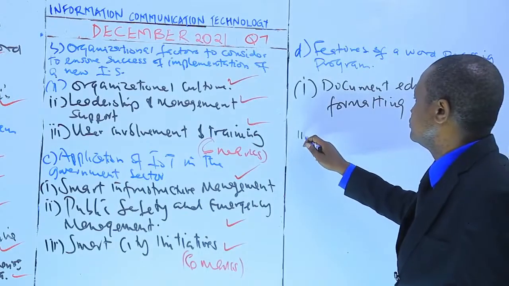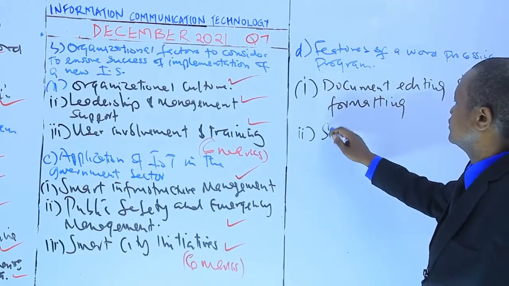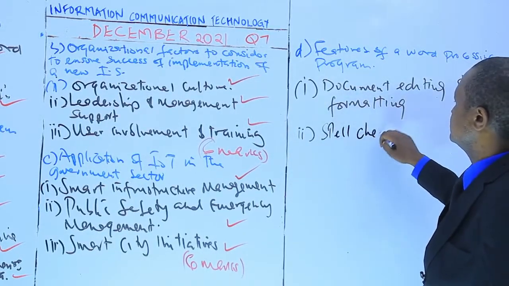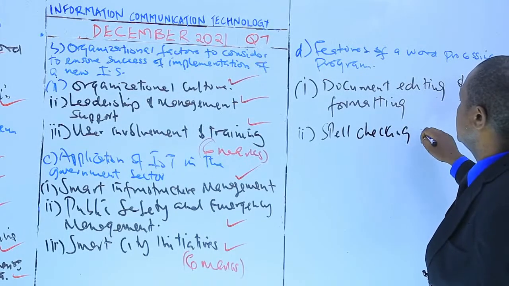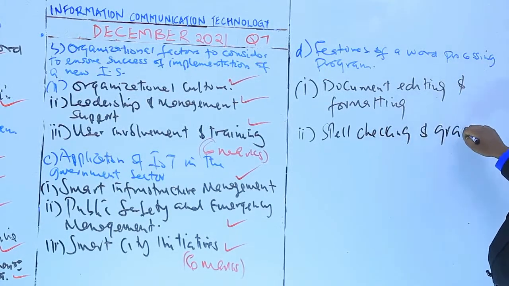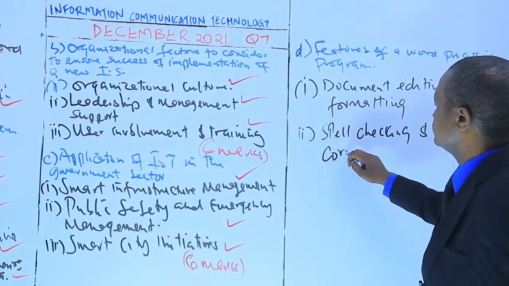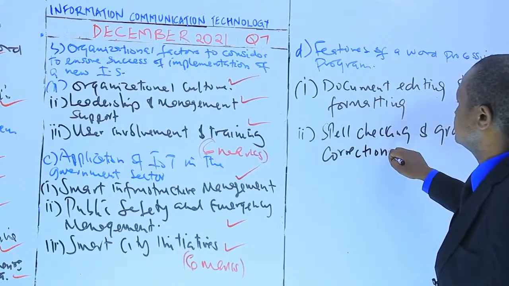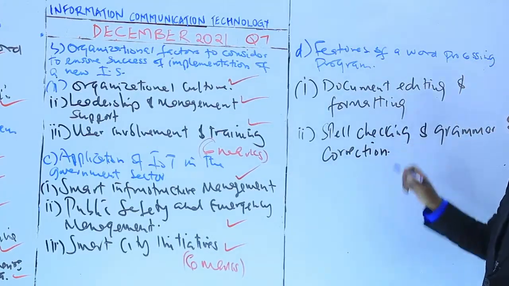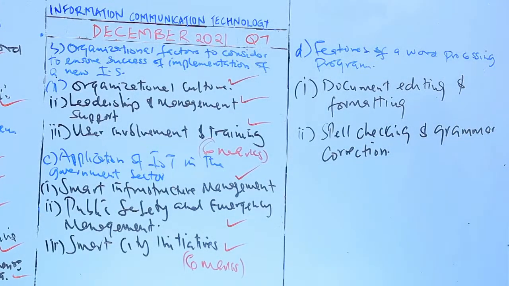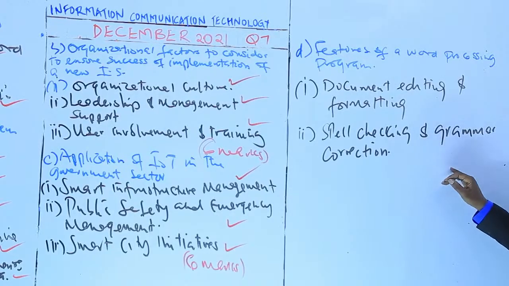Number 2, spell checking and grammar correction. Word processing programs typically include built-in spell checking and grammar correction tools.